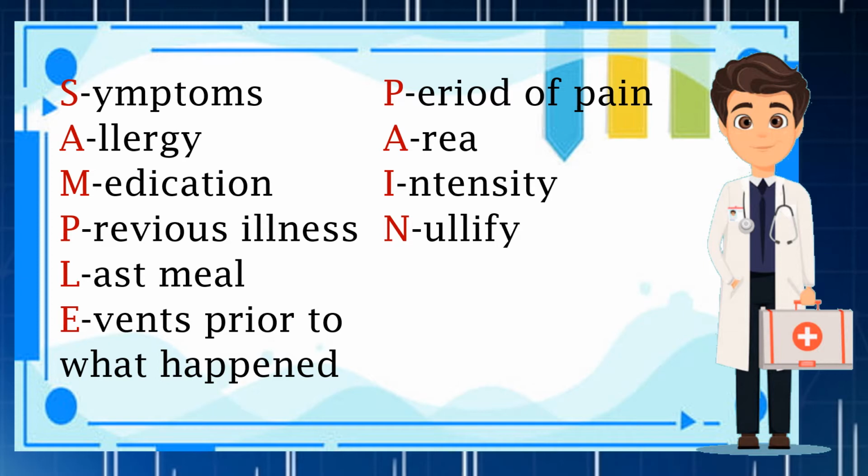L for last meal, only for those subject for operation. E for events prior to what happened. P for period of pain, how long, what started it. A for area, where is the pain coming from. I for intensity. And N for nullify, what stops it.